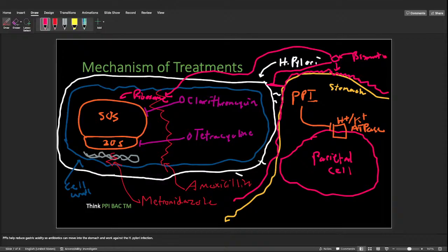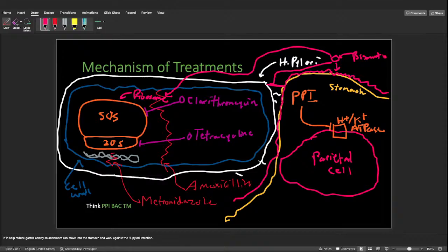And what happens is there are antibiotics that you would typically see for treating the H. pylori infection. You might see clarithromycin, macrolides. Macrolides, like Big Mac, like the 50S. That's going to be the 50S ribosome. That's where it's going to work against protein synthesis.